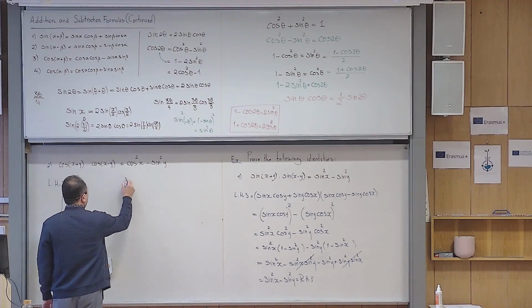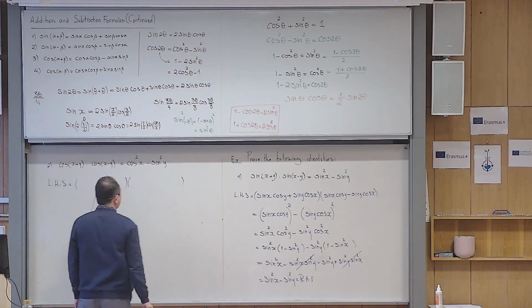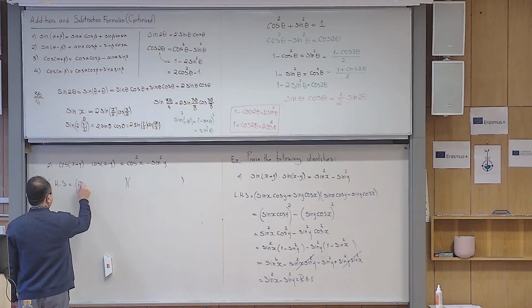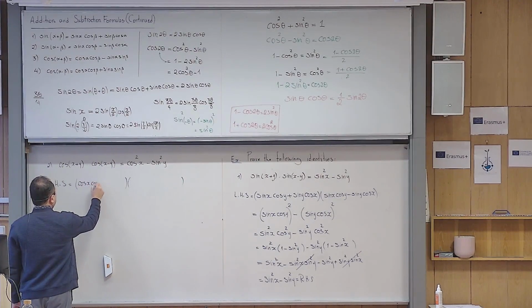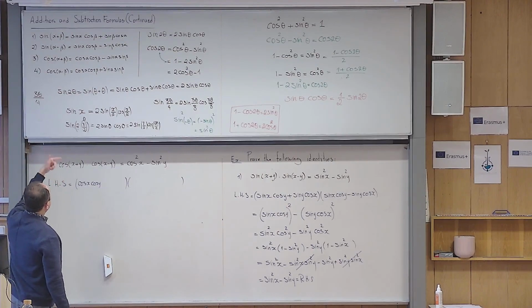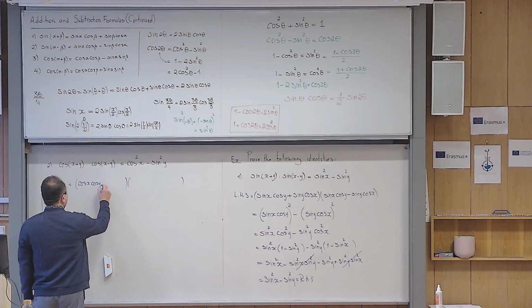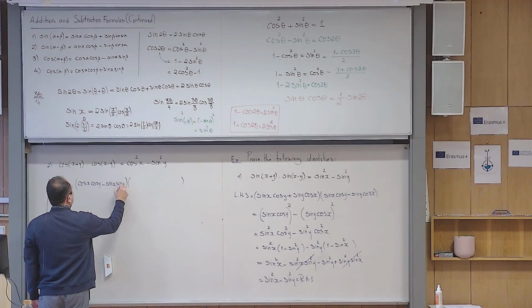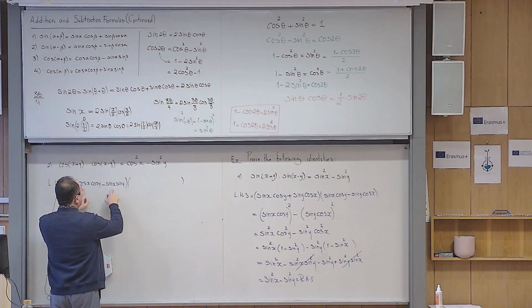I can just copy and paste those formulas, but of course, instead of alpha and beta, I have x and y. So this becomes cosine of the first one times cosine of the second one. I am using formula number 3. Okay, I replace alpha with x, I replace beta with y. And then it becomes minus sine x, sine y. And this one will be exactly the same with positive sign.